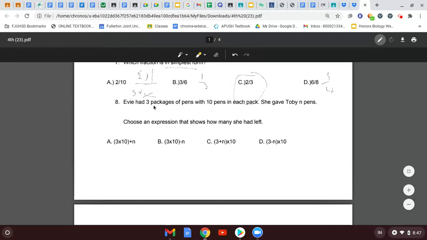So if Evie had 3 packages and there's 10 pens per package, that would mean you have to multiply 3 times 10 in order to get the total amount of pens, which is 30. Then she gave Toby n pens, which means we have to subtract n from 30. So 3 times 10 minus n. That would be the answer.